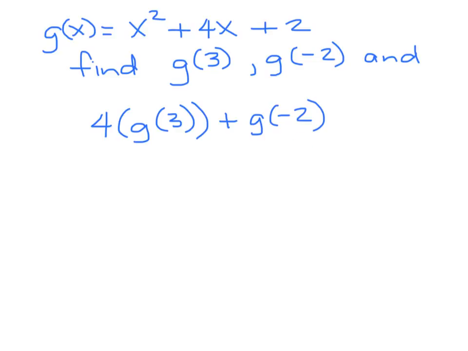So you will have three answers here. You'll have g of 3, g of negative 2, and then the answer to 4 times g of 3 plus g of negative 2. Write down your answers and your solutions to that, and you will be submitting that to the website on the next slide.